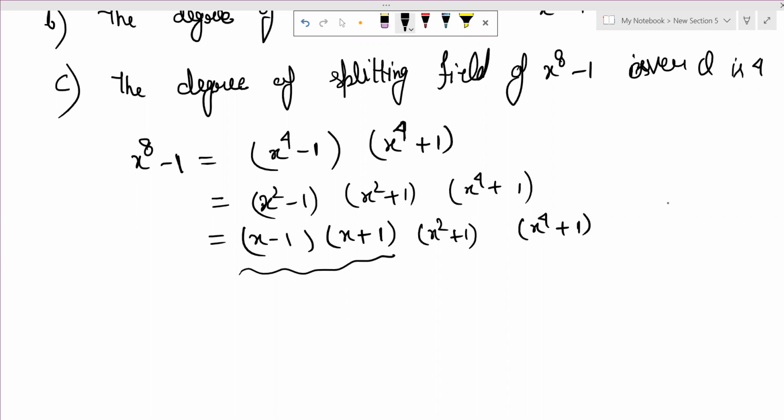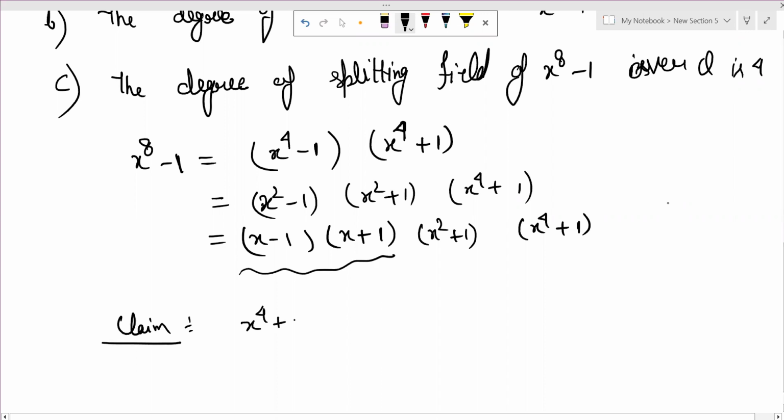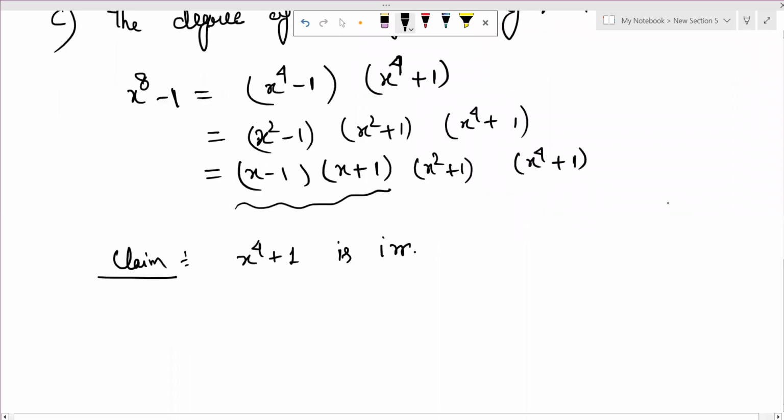The first claim is that x to the power 4 plus 1 is irreducible. This thing I did in the last class, so I am just summarizing, that's why I'm going quickly. If x to the power 4 plus 1 is irreducible, then Q[x] over x to the power 4 plus 1 is a field.